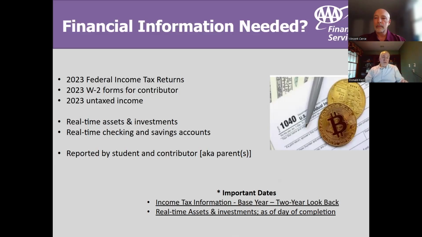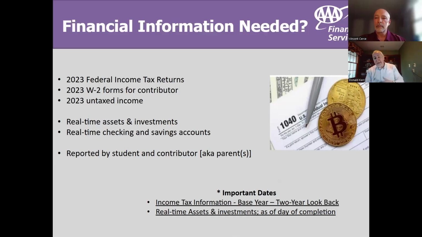If you have a junior in high school right now, when you go to fill this out, you're going to be using your 2025 federal tax returns and 2025 W-2 forms. It's called prior year income. It's the way the financial aid likes to look at it.